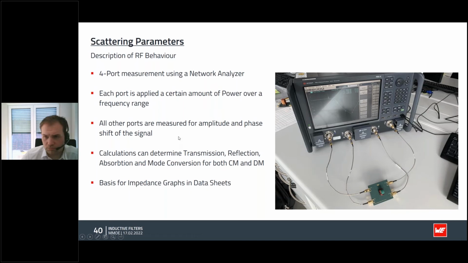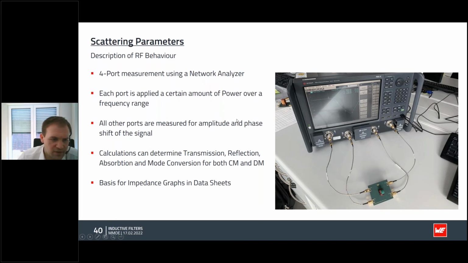And to put it easily, we will introduce a certain amount of power to one port, which we can see here, and then we measure each port for how much power will come back for a certain frequency range. So all other ports are measured for amplitude and their phase shift of the signal.